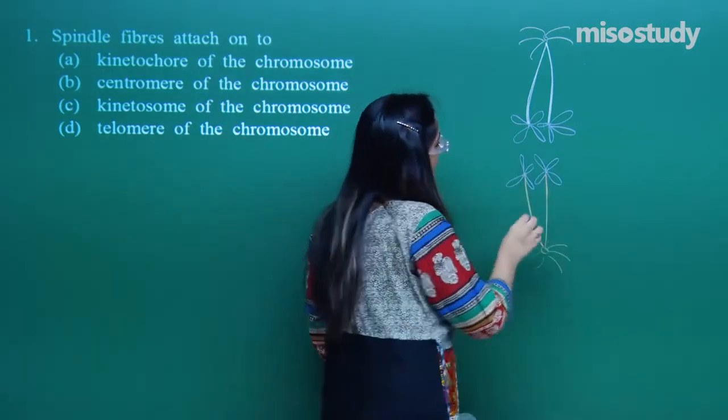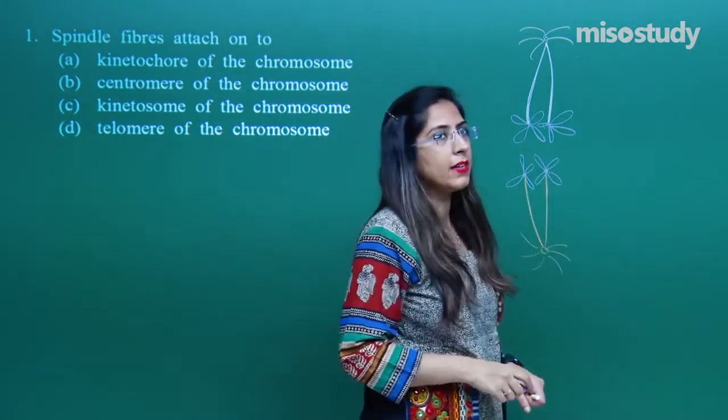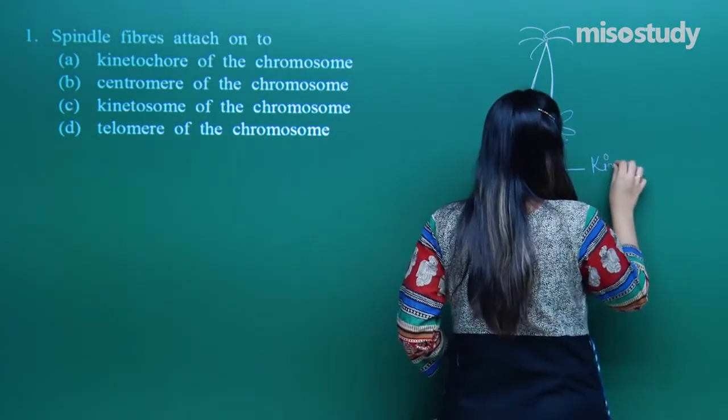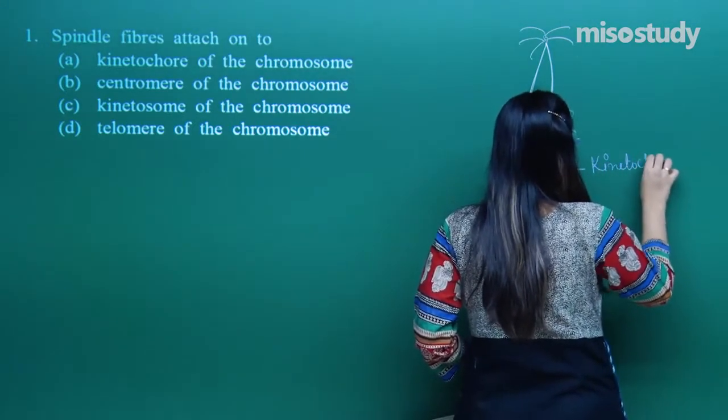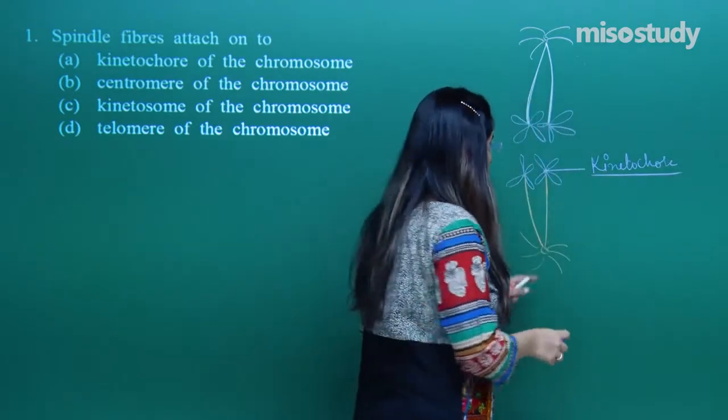The spindle fibers are attached at a specific position of the chromosome, and that is called the kinetochore. In the chromosome, the kinetochore region is present. What are these?